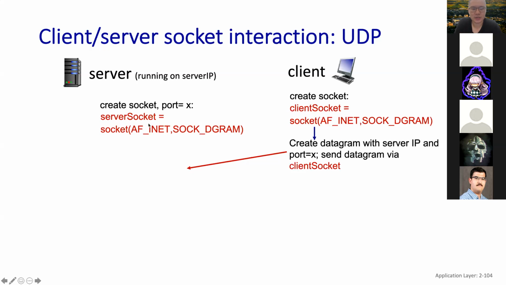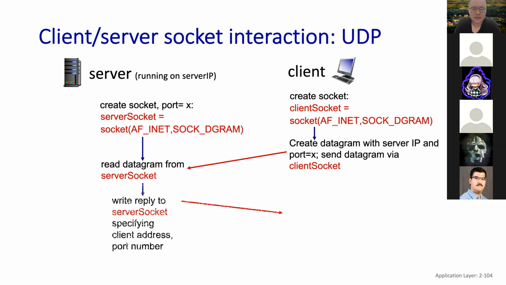Both can use the socket function to create one. Then you create a datagram with the server IP and port number, and send the datagram through the client socket. The socket on the server side can receive the data and read it. Using the server socket, you convert that datagram into uppercase.